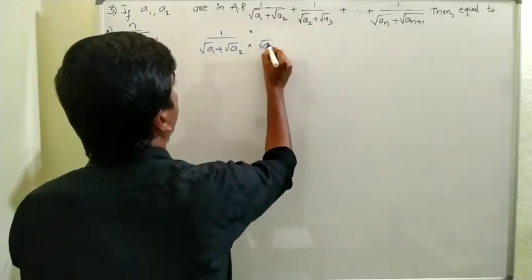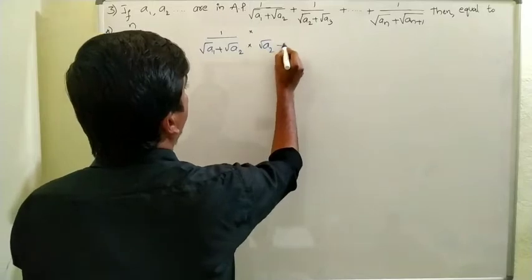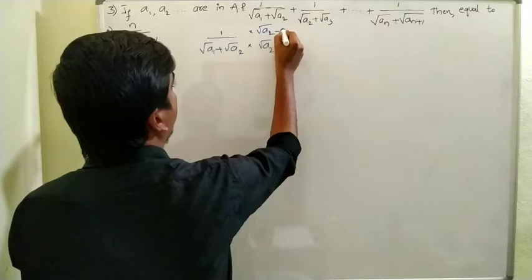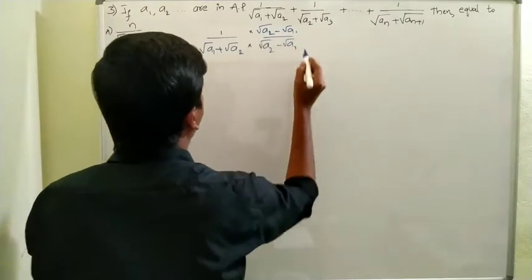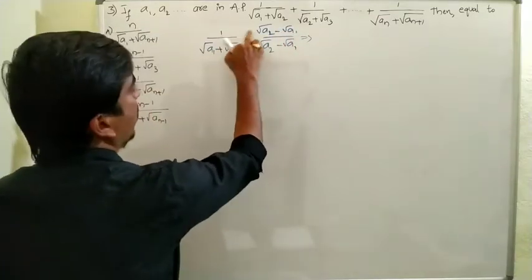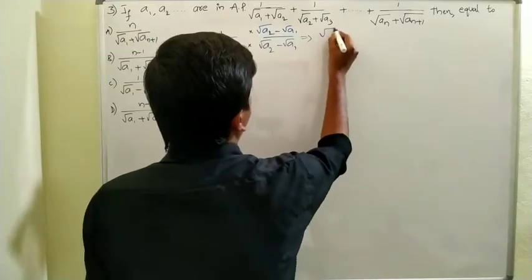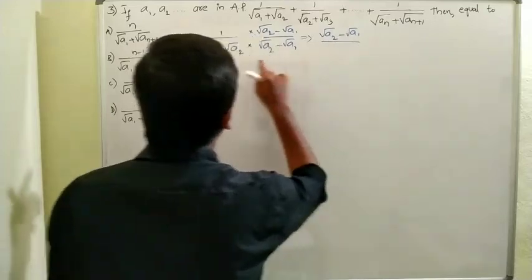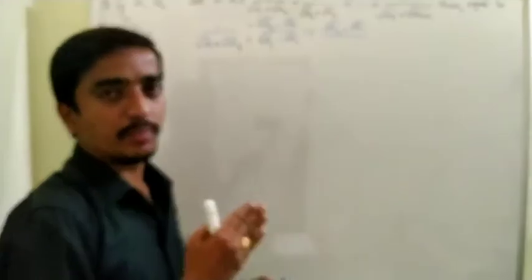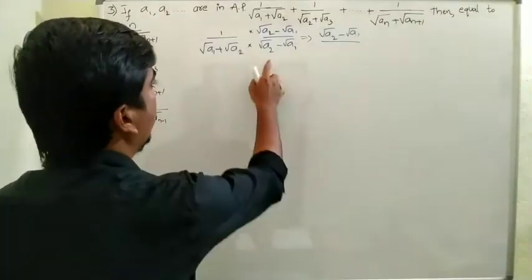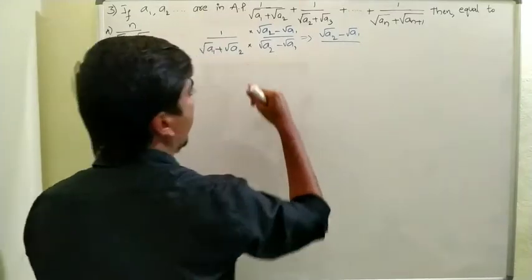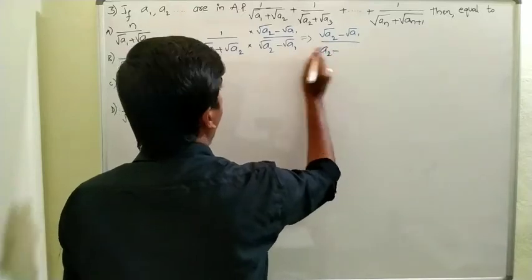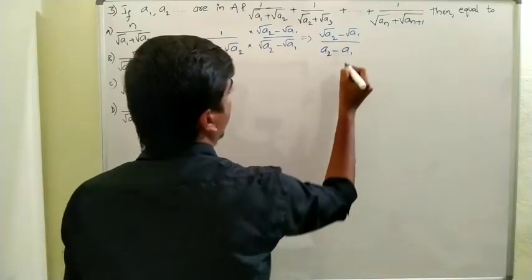So we can exchange it now: root a2 minus root a1. Same way here, root a2 minus root a1. So this can be written as 1 into something, that is something. So it is root a2 minus root a1 by, using (x plus y) into (x minus y) equals x square minus y square, here it becomes root a2 whole square, the square root gets cancelled, then a2 will be left minus a1.